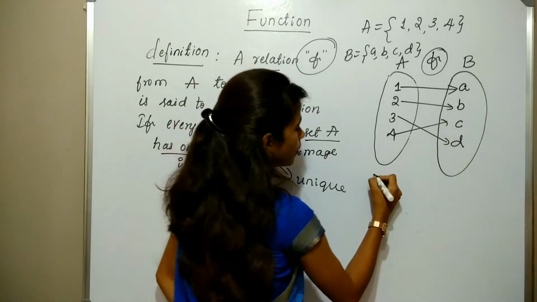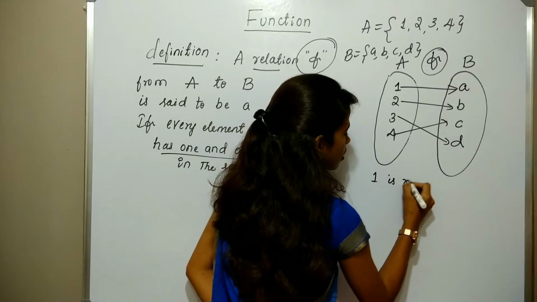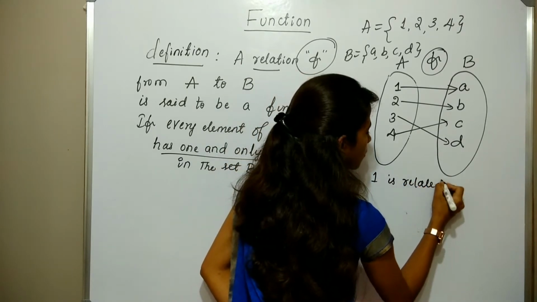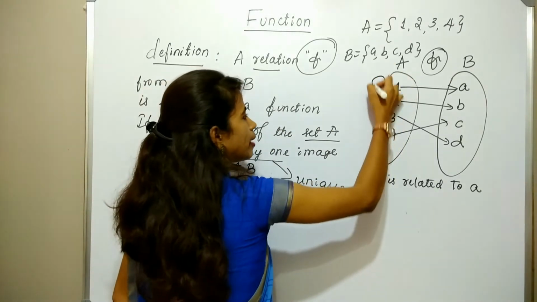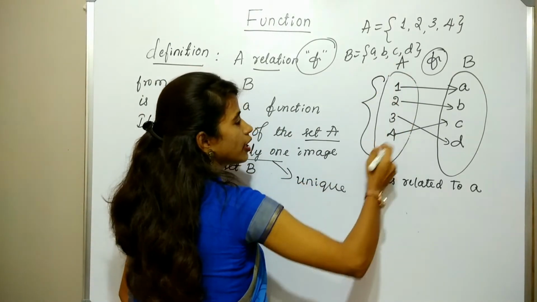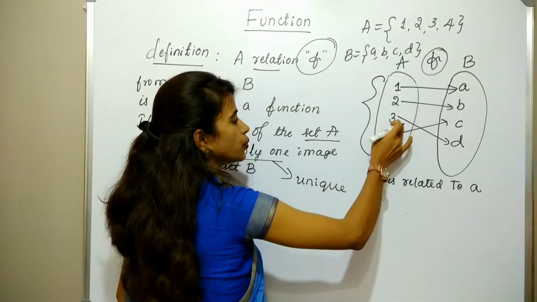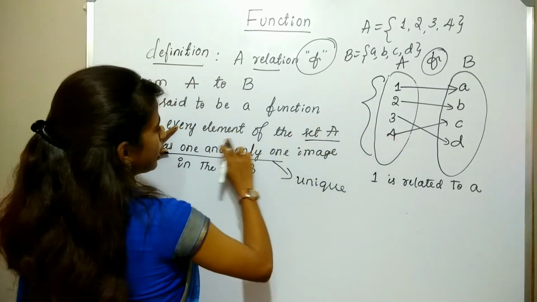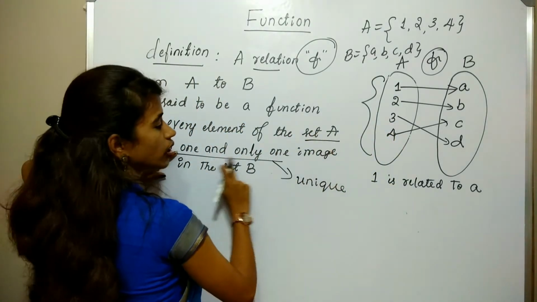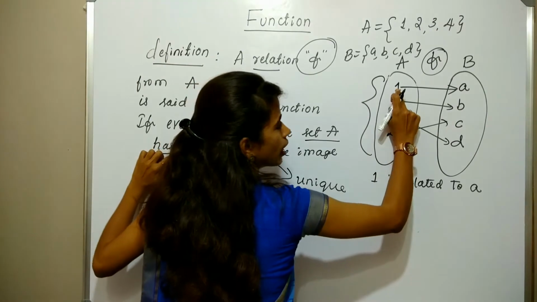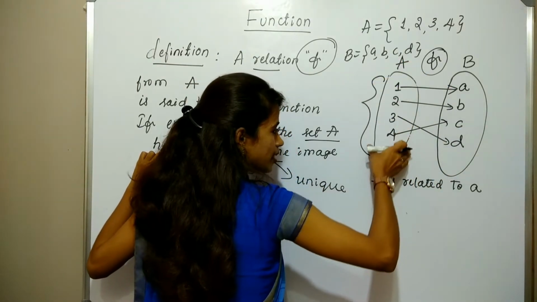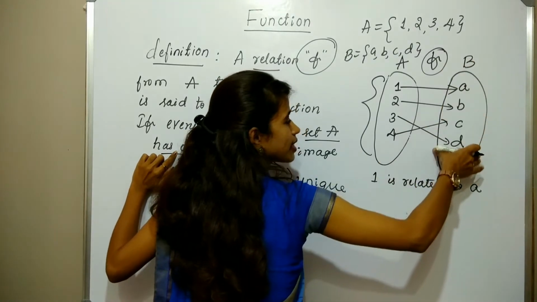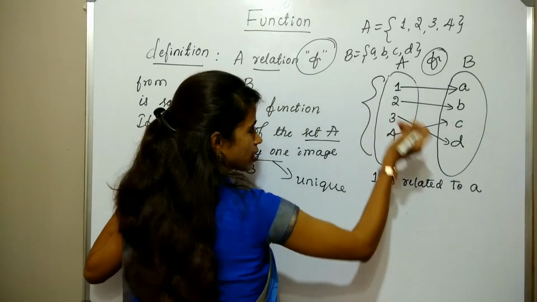So we say that 1 is related to a. Every element of A, that is 1, 2, 3, 4, has one and only one image. The image of 1 is a. Here this side represents elements and this side represents the images of these elements.